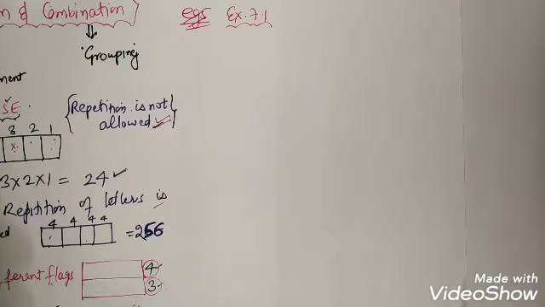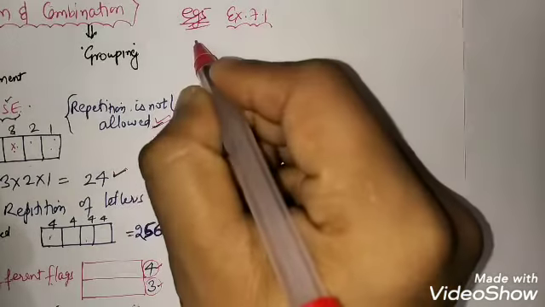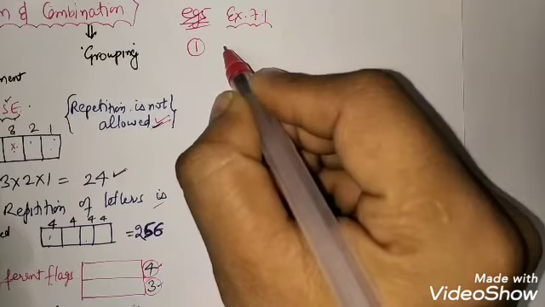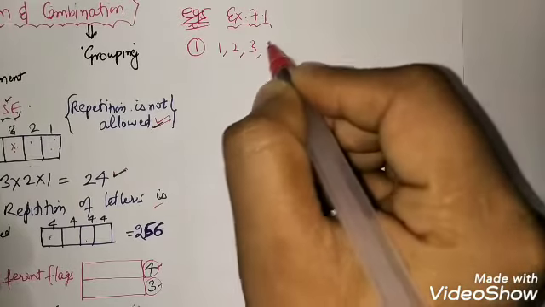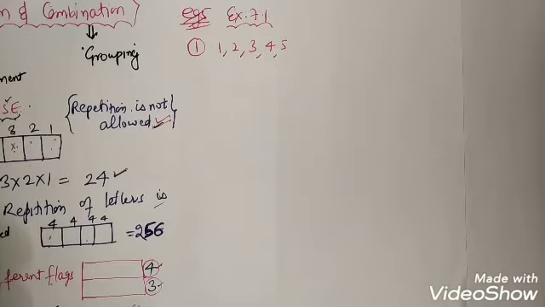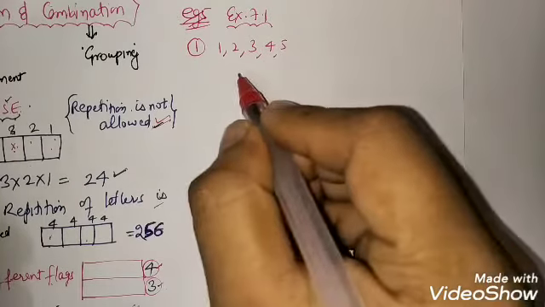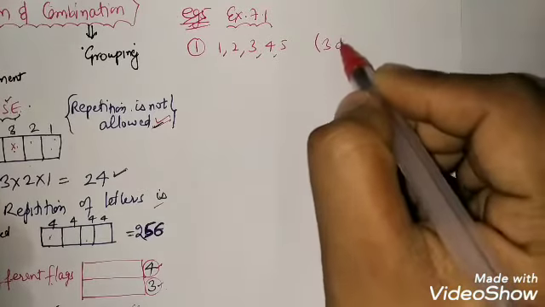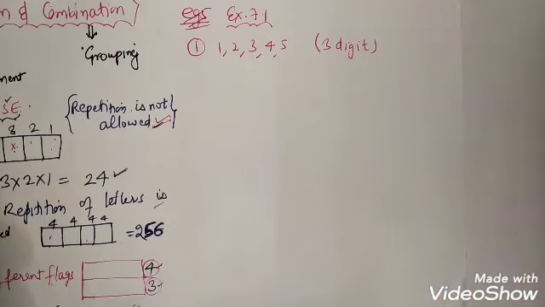Exercise 7.1. See, in the exercise, the first question says, how many 3-digit even numbers can be formed by using the digits 1, 2, 3, 4, 5? We have to make 3-digit numbers out of these 1, 2, 3, 4, 5.